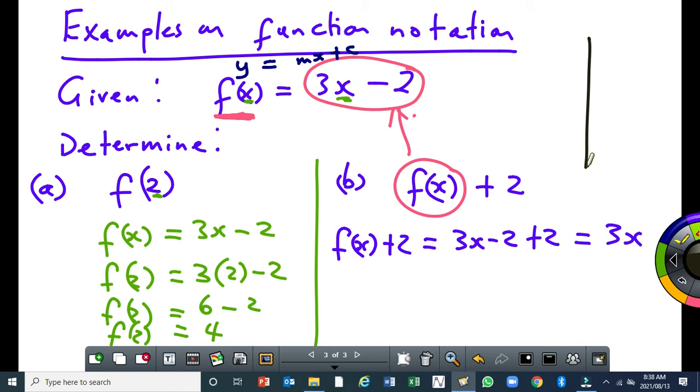We may need to find the x-intercept by substituting y equal to 0. If I put y equal to 0, it means x is going to be equal to 2 over 3. So if I sketch it, please, this is just a sketch.